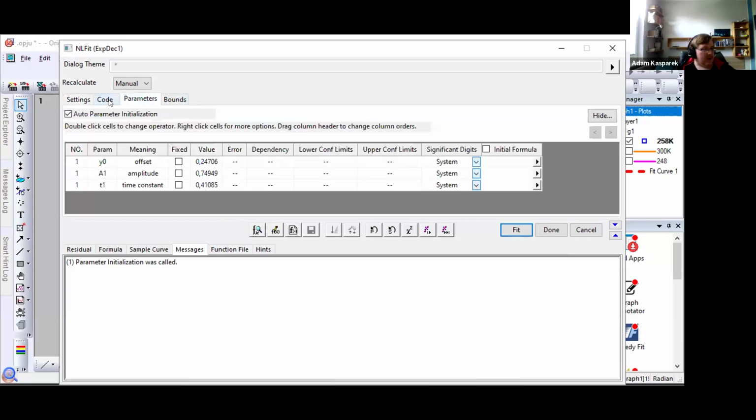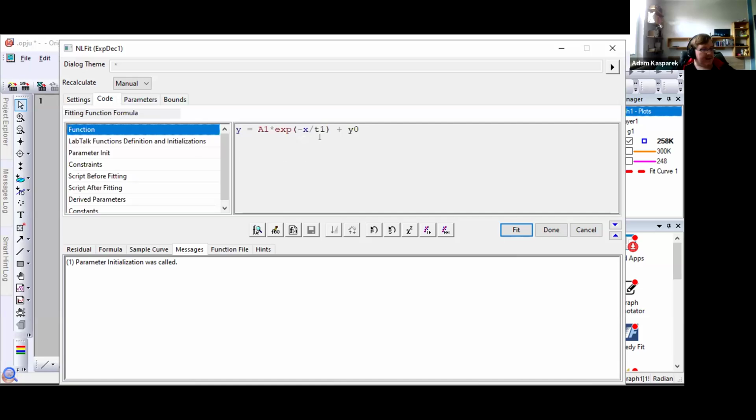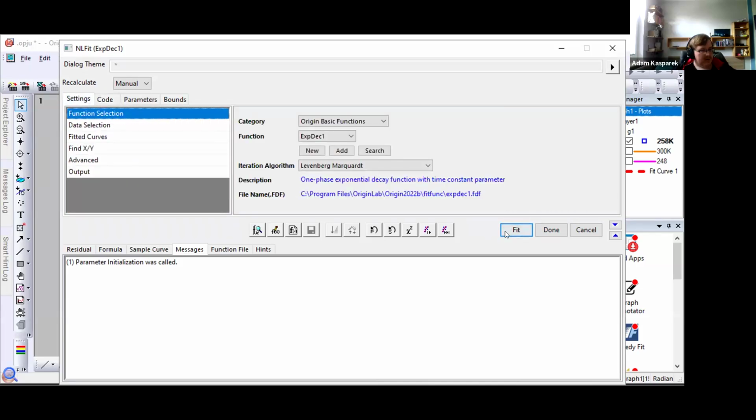If we look at the code, it's actually very similar to what I was saying, but instead of multiplying by r, we divide by t1. Mathematically it's very similar, just r is equal to 1 divided by t1, and we also have here a constant y0.